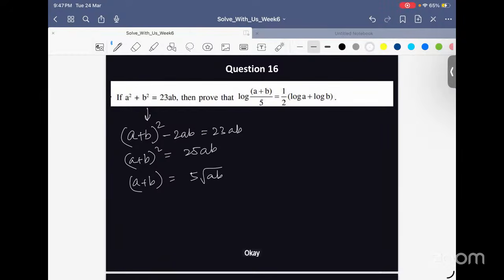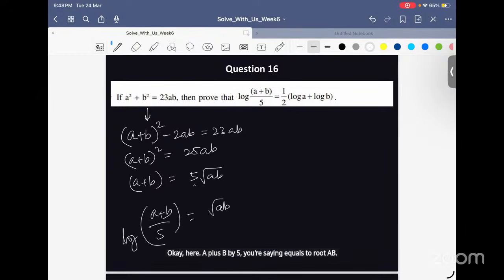Now take log. After taking log, you will be getting, we can multiply that 2 on the other side. This will be 2 into log of a plus b. a plus b by 5 equals root ab.